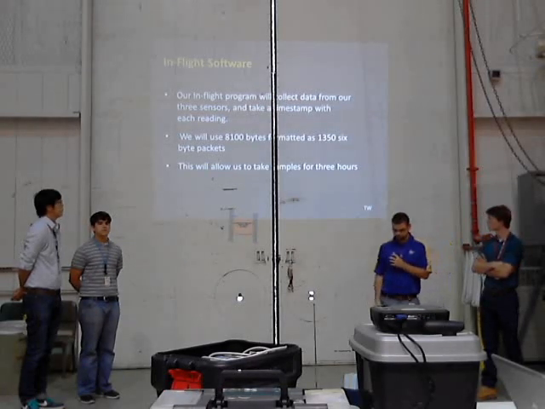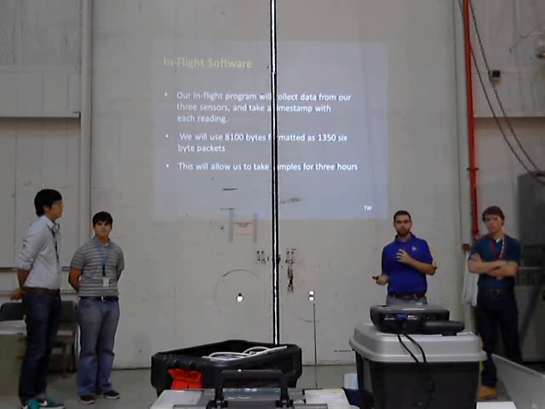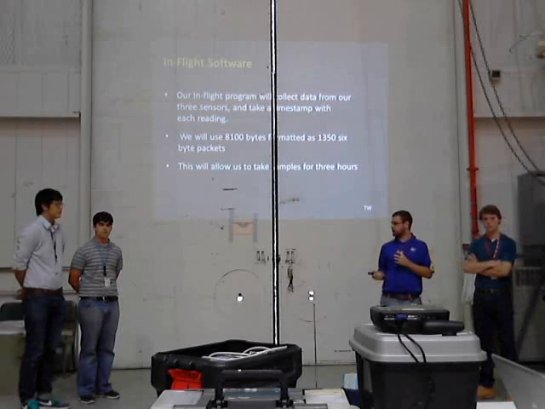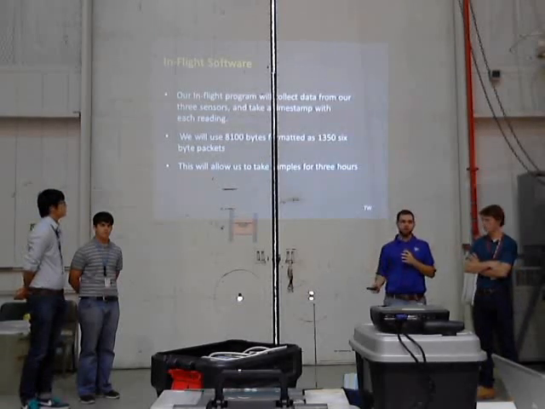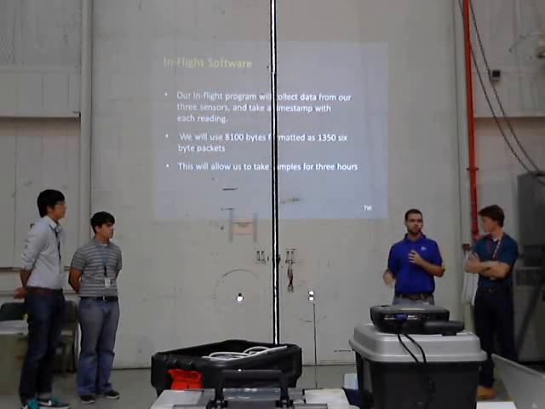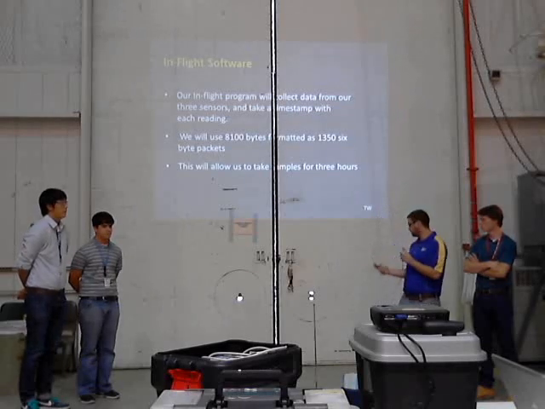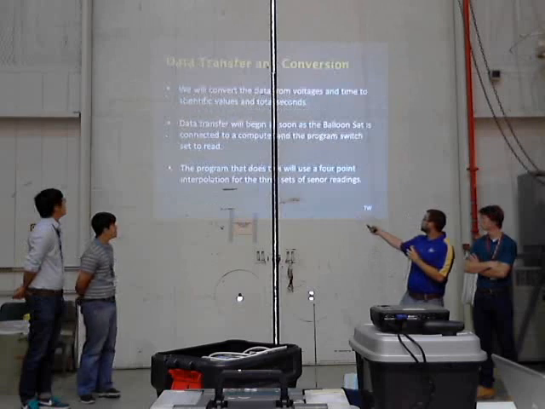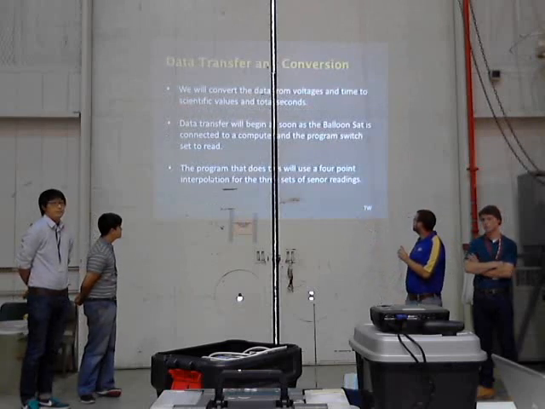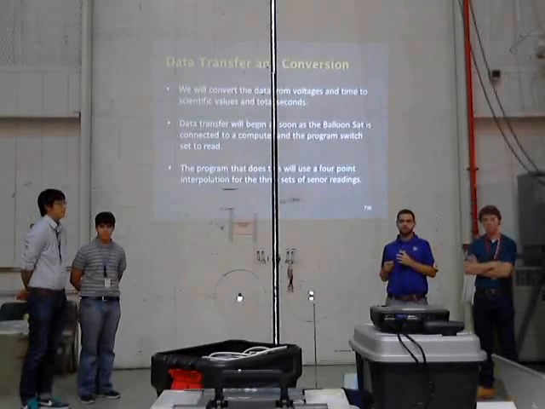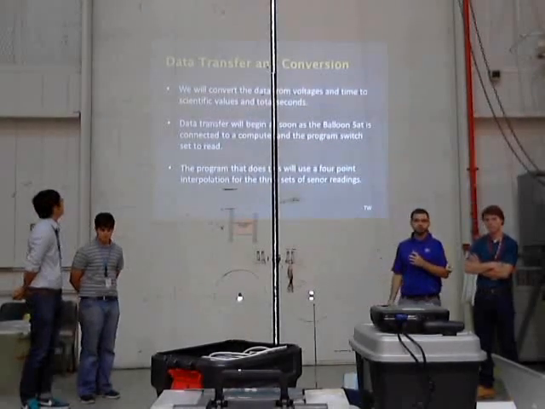When we power up the board, we have a hardware switch that is a program select. If it's high, then we'll be reading from the sensors, and if it's low, we're going to be pulling out from the EEPROM and reading our data off. Once we've read our data off, we need to convert all of our voltages to scientific values that are actually usable.